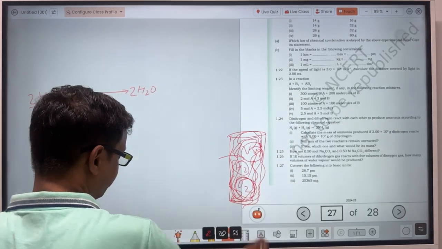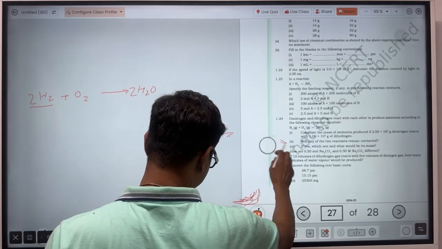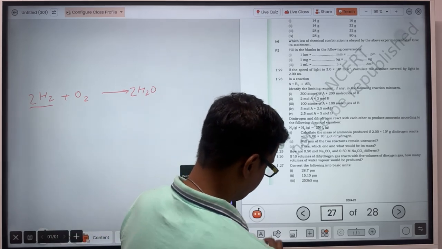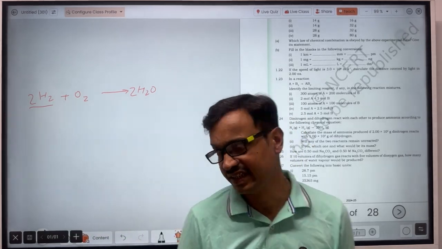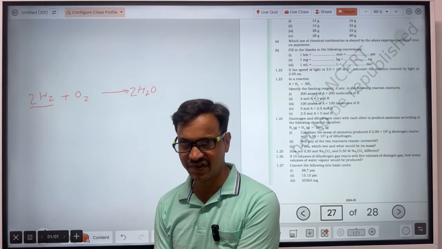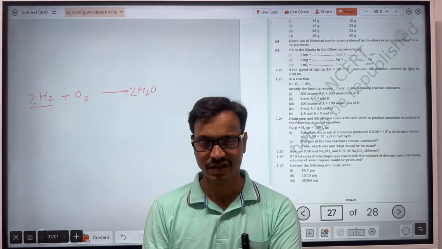Okay. So now let's see here. So here volume, how much? By Avogadro's law, you have studied that during a chemical reaction, the reactants react together in terms of their volume, and the products also will be in terms of their volume.